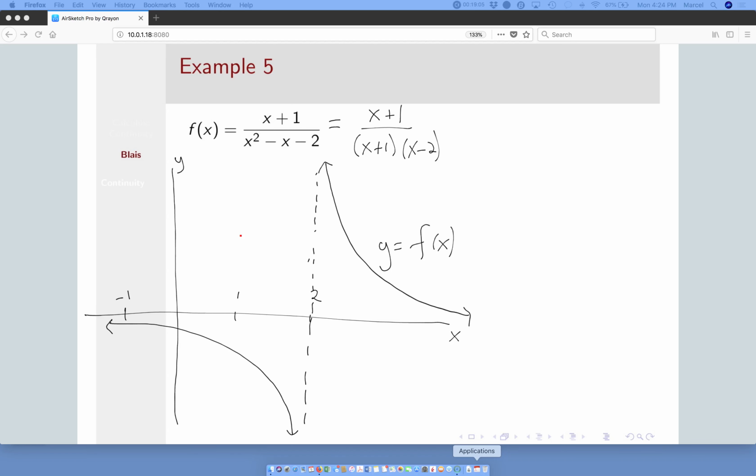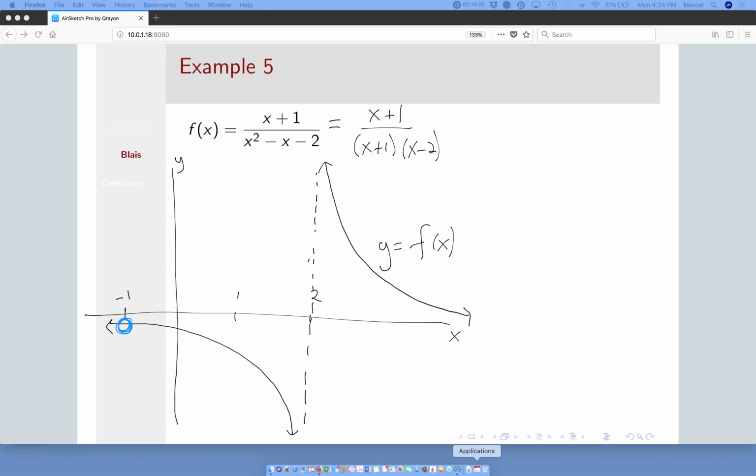However, we have to note that because of this division by 0, if we plug in x equals minus 1, we have a hole here at minus 1, at x equals minus 1.